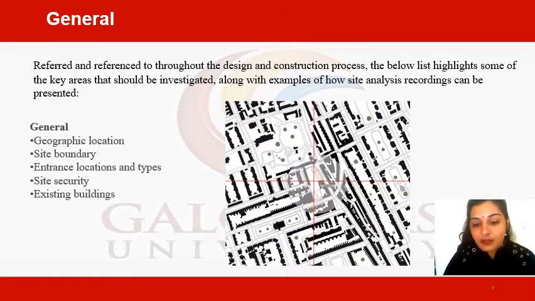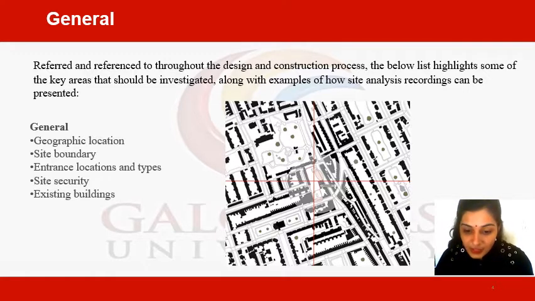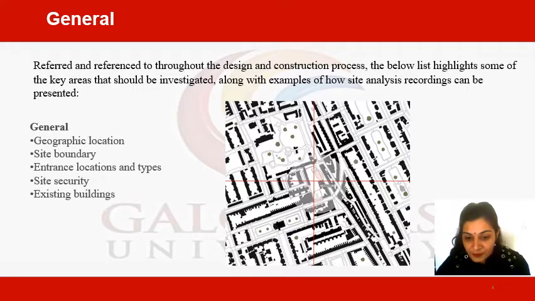Geographical location is the location where the site exists. You have to locate your site on Google Maps and identify your site there. Then after identifying the site, you should visit the site and locate its boundary. You enclose the area of your site by making a boundary of it.